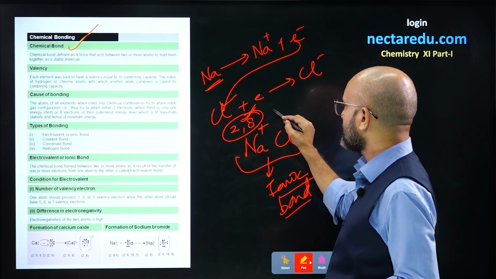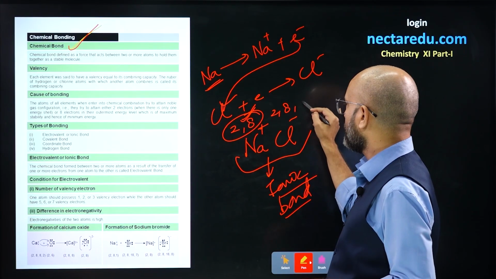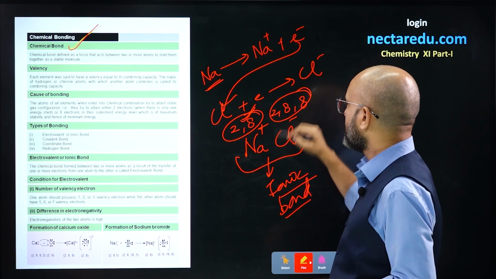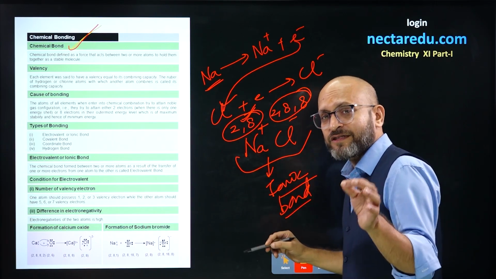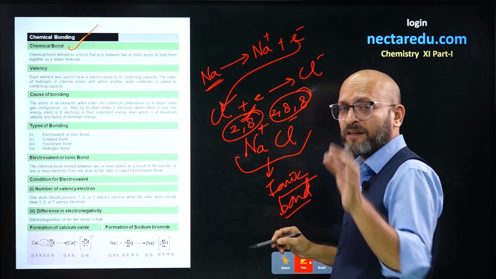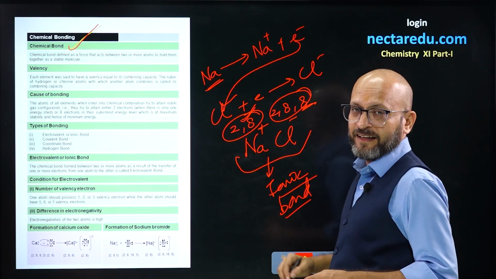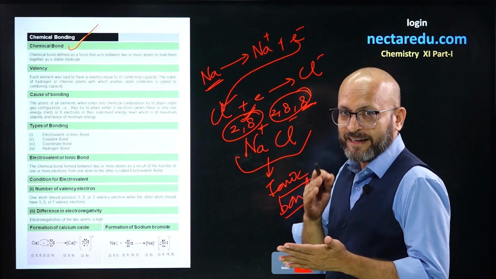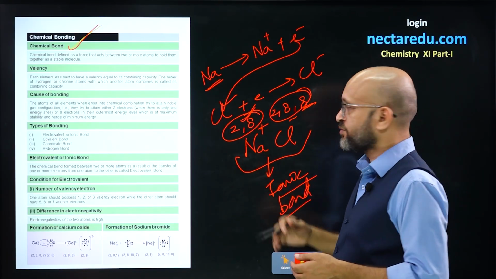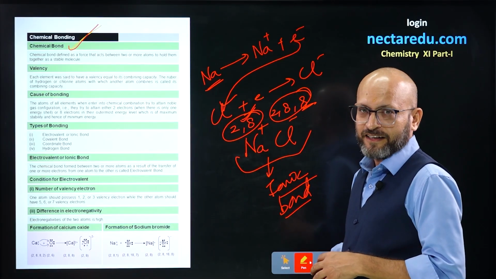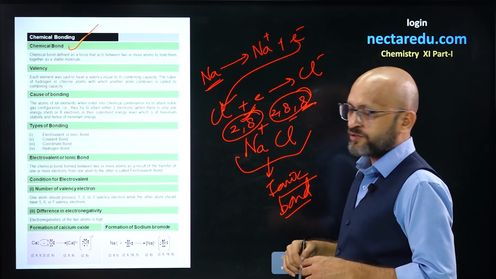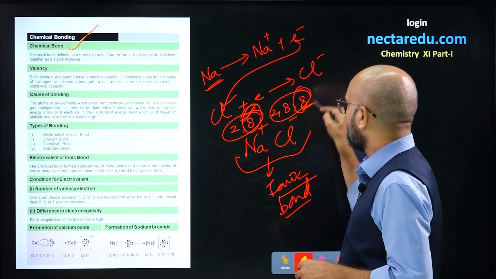Similarly, in Cl minus we have 2, 8, 8 electrons. By gaining 1 electron, Cl converted into Cl minus, so it now has 8 electrons. Na had 11, it lost 1 electron, so now it has 10 electrons and 8 in the outermost shell. So 8 in Na plus and 8 in Cl minus.